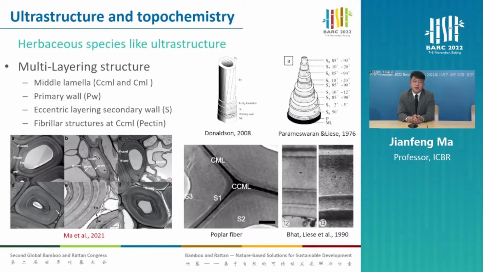For the grass species, its secondary wall is divided into a layering structure. By using the TEM image, we found that for rattan materials, the secondary wall is also divided into broad and narrow layering structures. After delignification with sodium chlorite, we found that the CCML areas have fibrillar structures. We detected that these areas are mainly composed of pectin and some xylan.